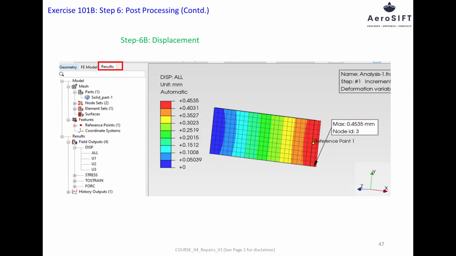In step 6B, the displacement results are visualized by selecting DISP All under the field outputs. The plot shows the distribution of total displacement across the solid plate. The maximum displacement observed is 0.4535 millimeters, located near the free end of the model, where the 40 kilonewtons load was applied. This result aligns with expectations for a fixed-free setup under axial loading.